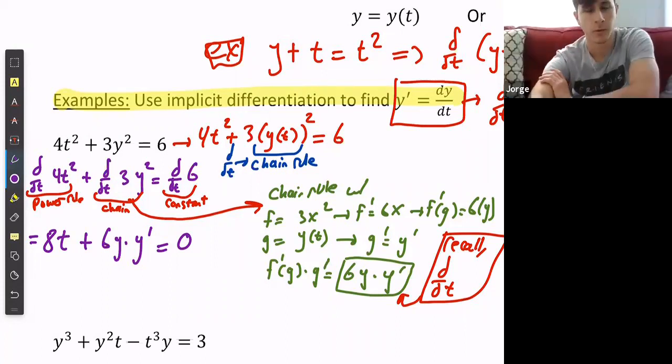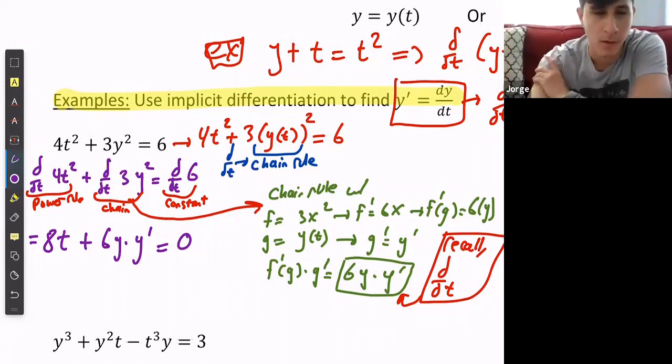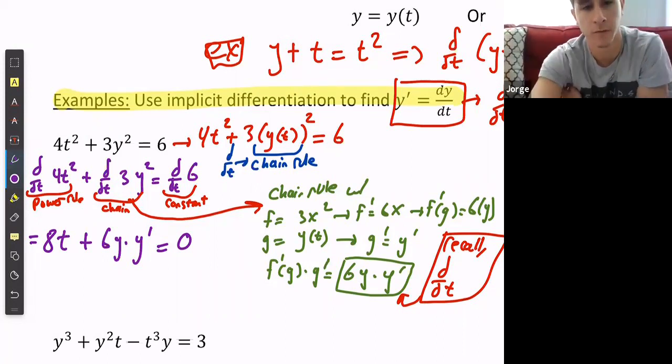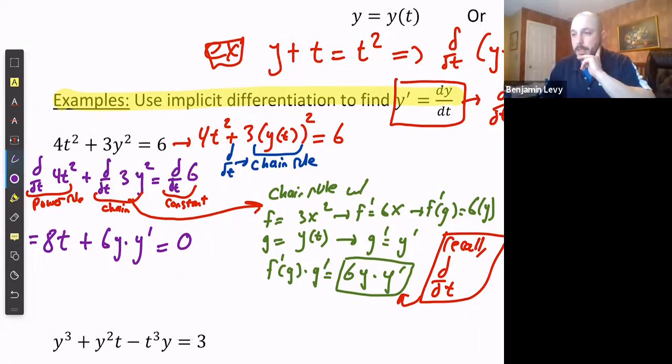I have a quick question. Yep. How do you know that y isn't just a variable like t? So y we're always thinking about in these problems as being the dependent variable, which means we're assuming it's a function of t.